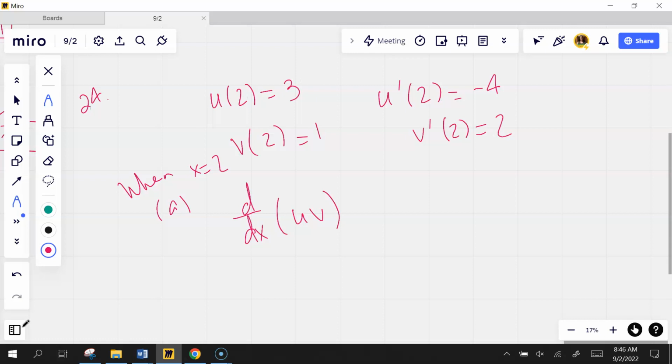That's all they're wanting you to do here. Derivative of the first times the second plus the first times derivative of the second, right? What's the derivative of the first at 2? Negative 4. Derivative of the second at 2.